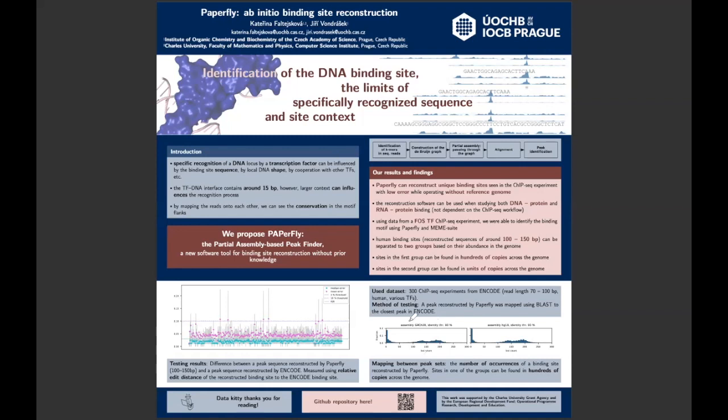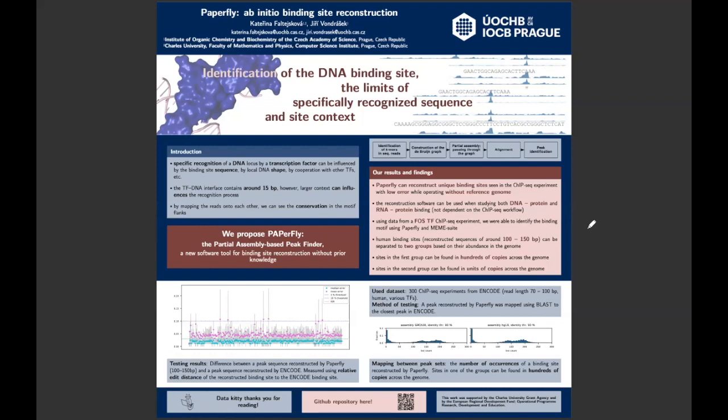So in conclusion, we have developed a software which is capable of reconstructing unique binding sites seen in a ChIP-seq experiment with low error while operating without a reference genome. However, we are not dependent on the ChIP-seq workflow, and our algorithm can be used on any sequencing data with differential enrichments.